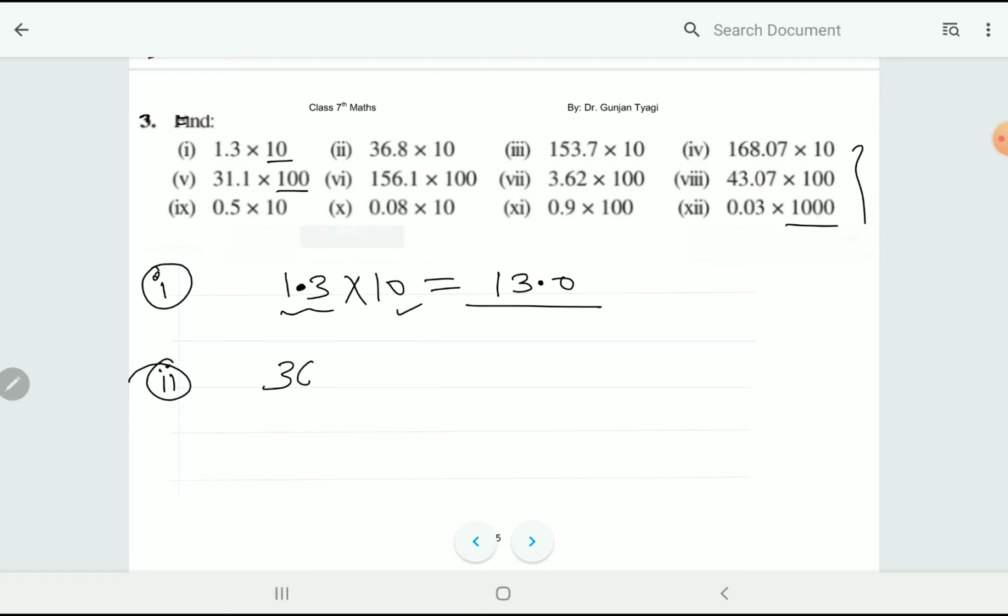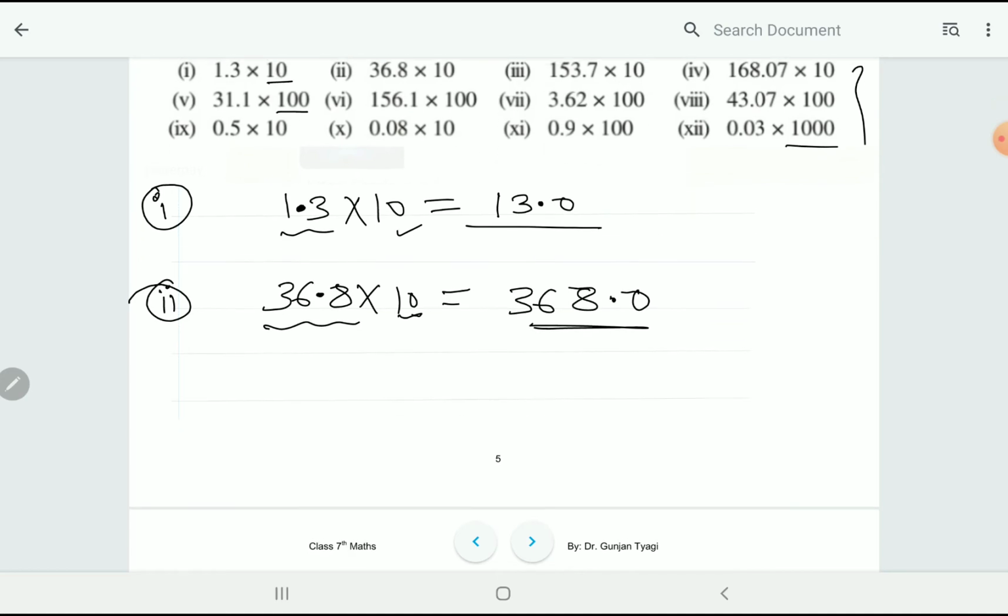Let's do the second one. Again just write the number which is here, and now you will have to mark the decimal. So there is only 1 zero in 10, so decimal will shift one place right. This is the answer.